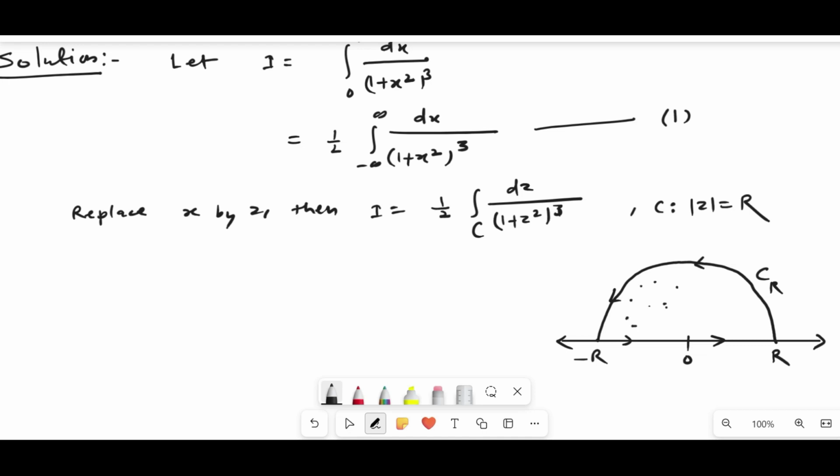This is our domain of integration, and this r is very large.